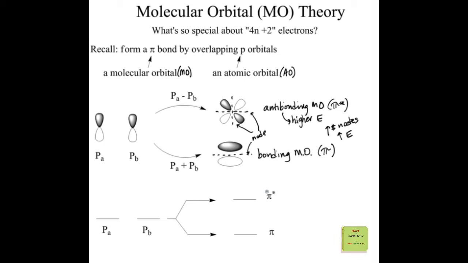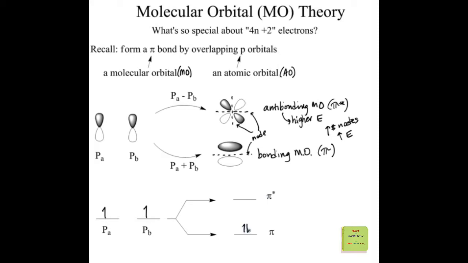And so now let's look at the electrons. If we think of the p orbital of one carbon atom, let's say, coming in with one electron, and the other p orbital has an electron, we bring those together to form a bond with two electrons. Where are those two electrons going to go? The new possible homes that they have, the new molecular orbitals, are the pi and the pi star. Well, they're going to pair up, and as usual, they're going to fill the lowest energy orbital, the most stable orbital first.